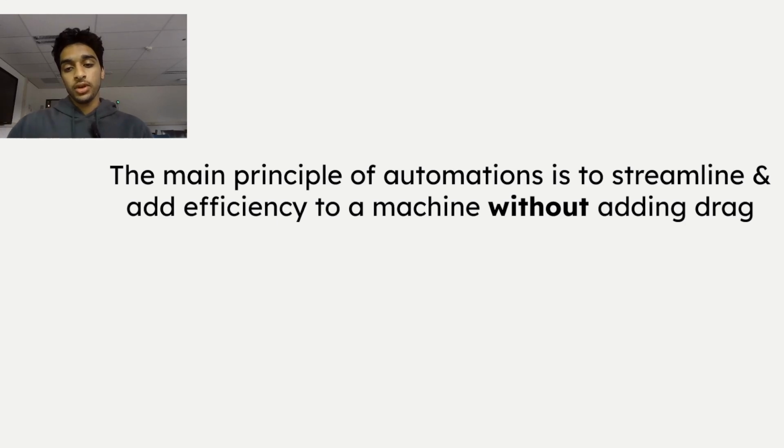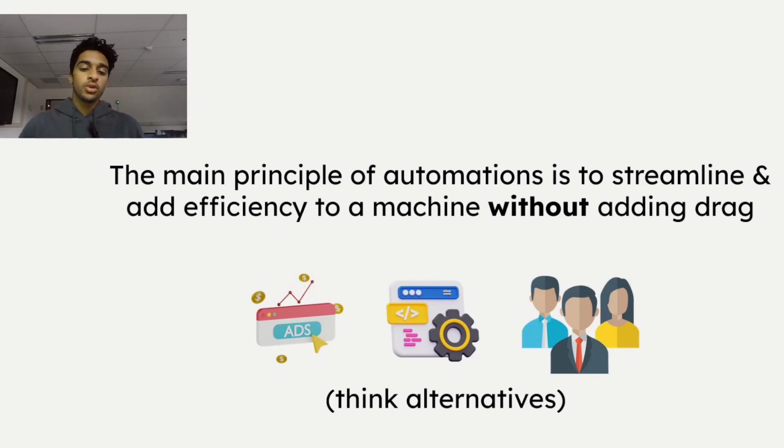Yeah, so the main principle of automations is to streamline and add efficiency to a machine without adding unnecessary drag. So you can think of your alternatives at this point. It would be running ads, which are costly and they don't work sometimes. You can pay for software to do it, but then it gets very, very clumsy. So you have like 3 different software tools that realistically you can just have one streamlined workflow that just solves everything.